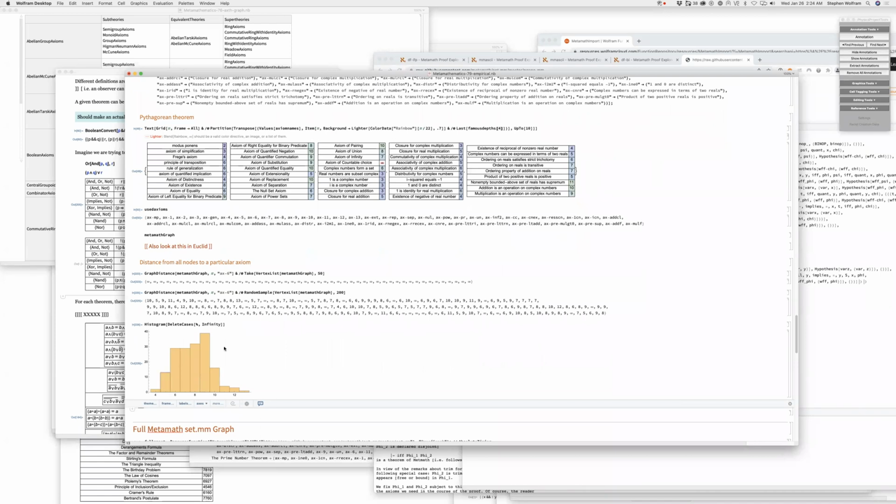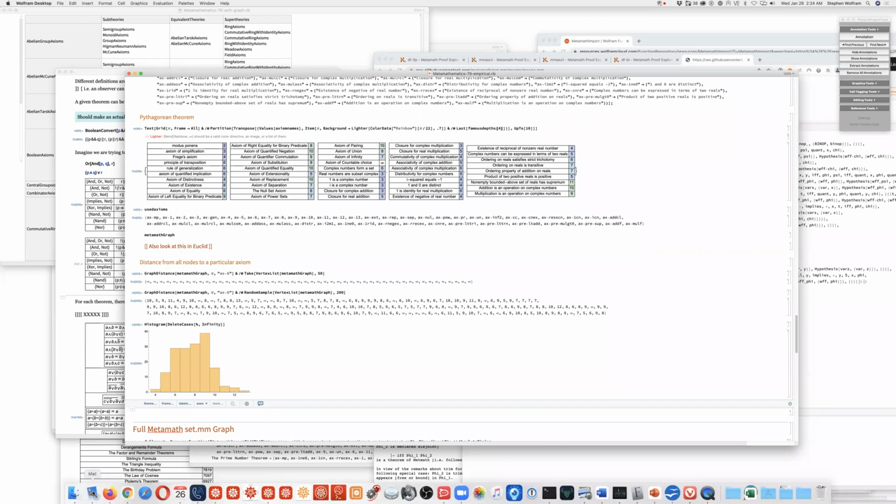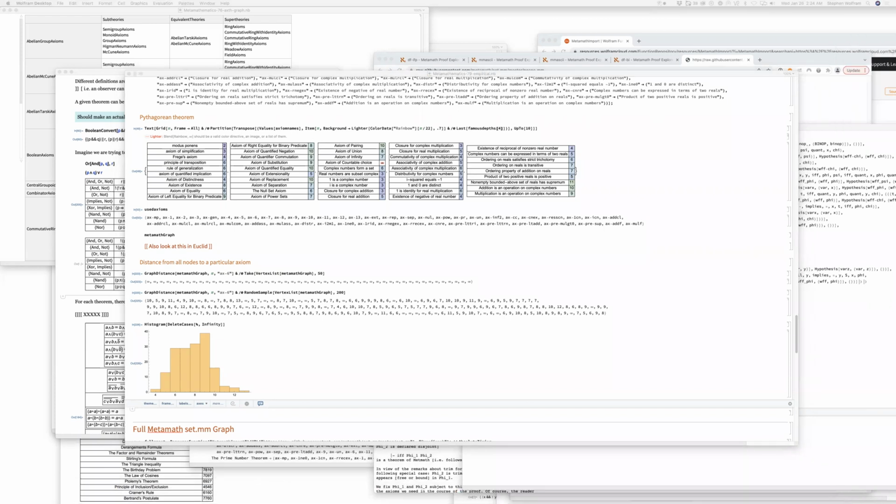So from a given axiom, we'll have a distribution for each axiom. It'll say how deep that axiom was from a given thing. Now, I don't know why we care about that. What does that mean? I'm not sure exactly what it tells us.